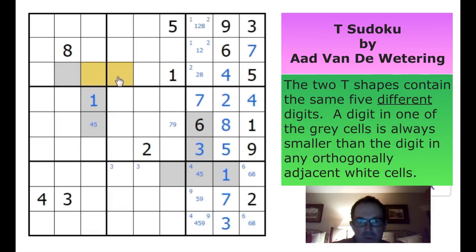So the 3 must be in one of those 2 squares. I feel like there's something I should be appreciating here. I've got 3 here. Maybe these 2 3s help us, do they? So there must be a 3 in one of those 2 squares, and a 3 therefore in one of those 2 positions.